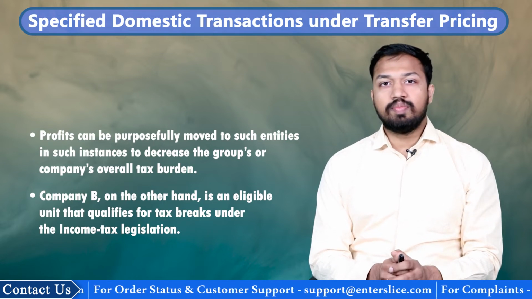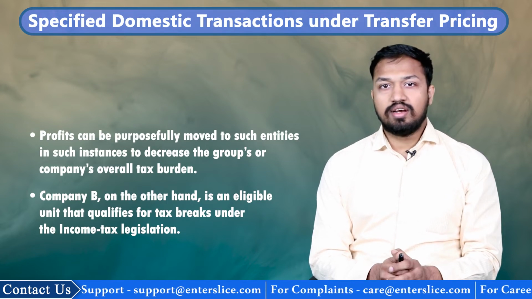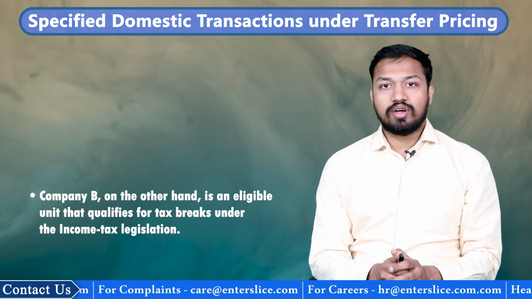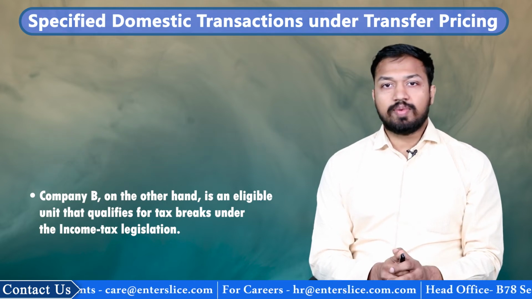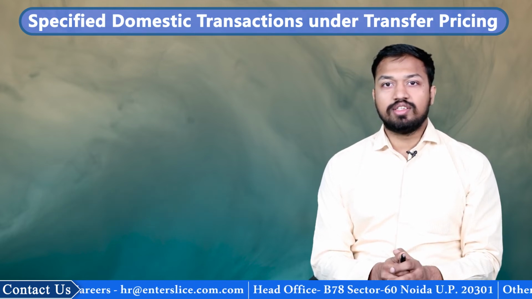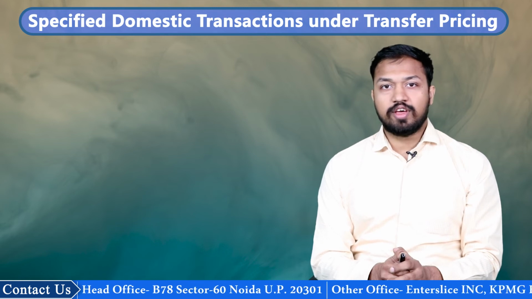However, because Company B is on a tax break, such gains are exempt from taxation. As a result, the overall tax paid by the group is lowered. This is known as tax arbitrage. The goal of introducing transfer pricing provisions to specified domestic transactions is to reduce tax arbitrage and ensure the tax authority's revenue base is not impacted by such unfair practices.